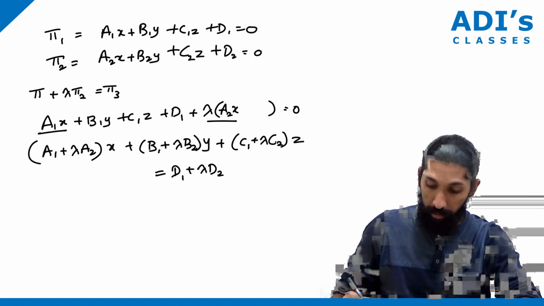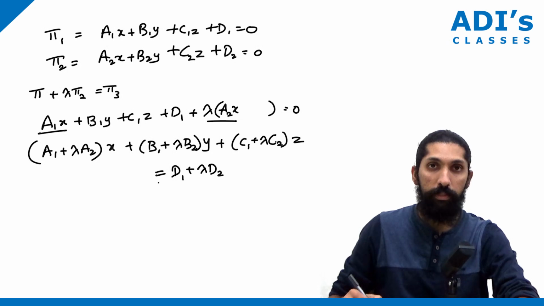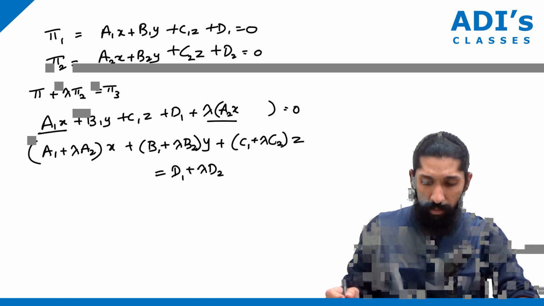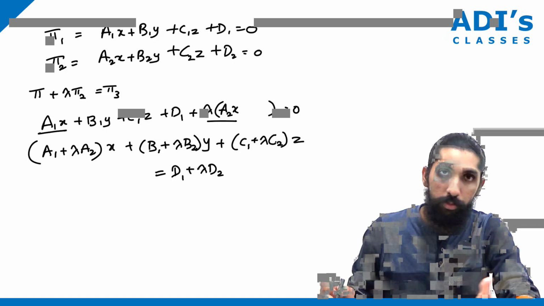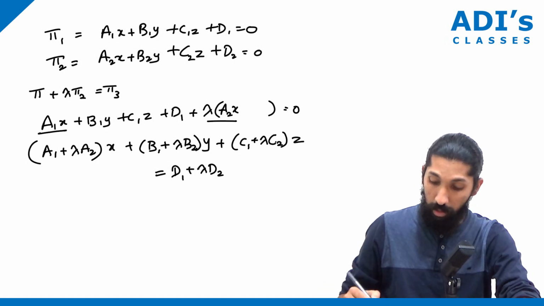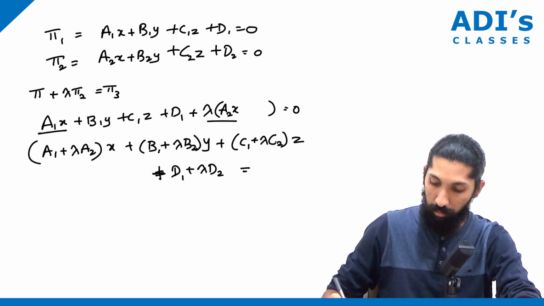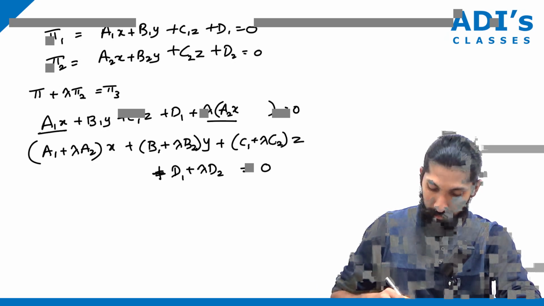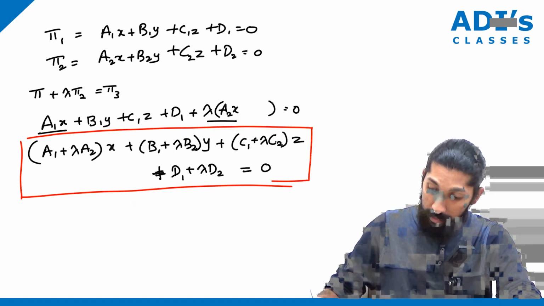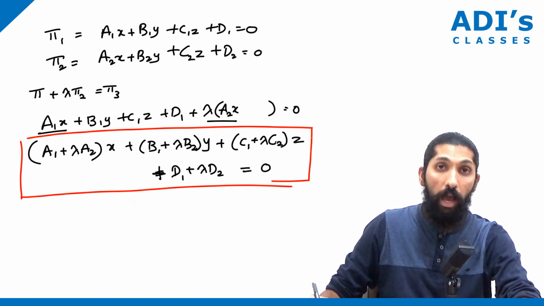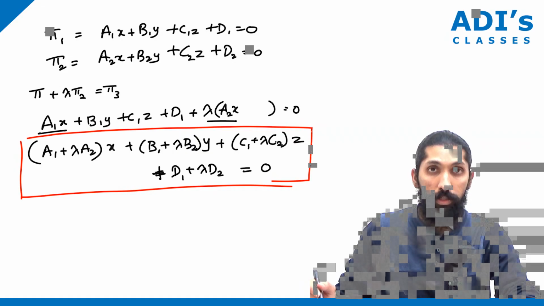Or you can also write the same thing here. See, instead of is equal to d1 plus lambda d2, you might be thinking, shouldn't it be minus d1 minus lambda d2? Guys, d1 and d2 are just constants, right? So we are just pushing it that side, that's all. Okay? Or if you want to write everything together, then you can write this as plus this is equal to 0. So this gives us the equation of the plane intersecting the two other planes in the Cartesian form. Clear? So these are the two equations what we have to look at.